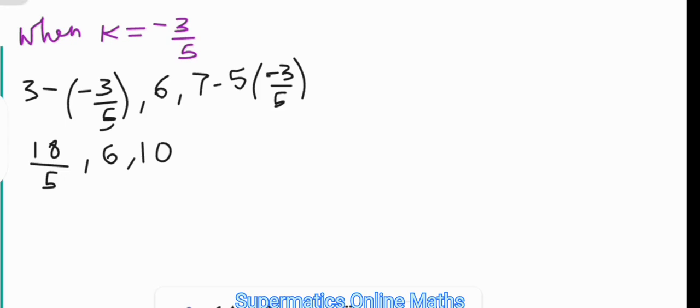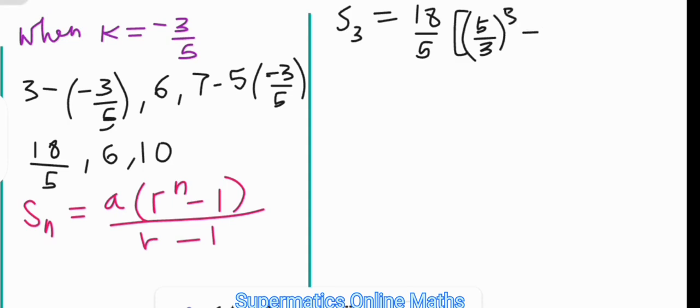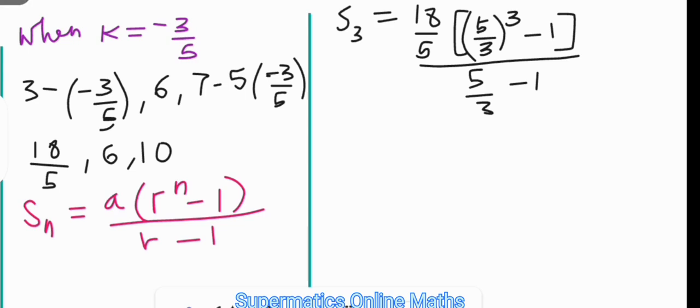And the sum in this regard, with r being 5/3, we use Sn is equal to a times r raised to power n minus 1 over r minus 1, making the sum S3 to be 18/5 for the first term times 5/3 for the common ratio to the power of 3 minus 1 over 5/3 minus 1.